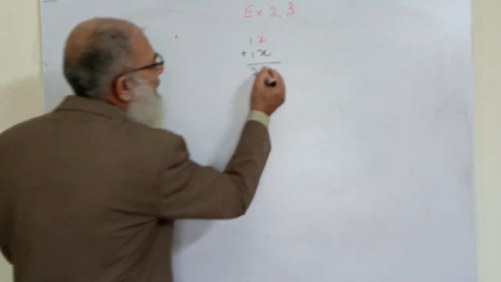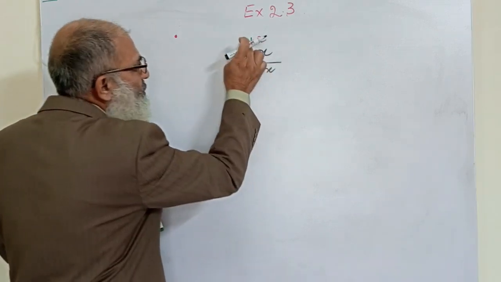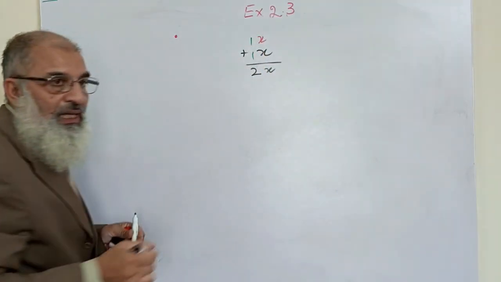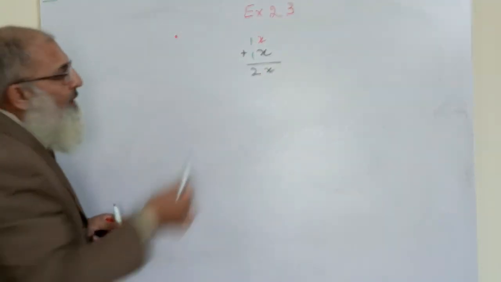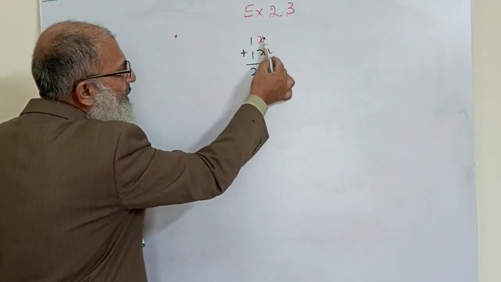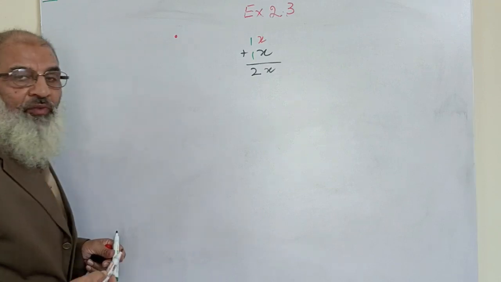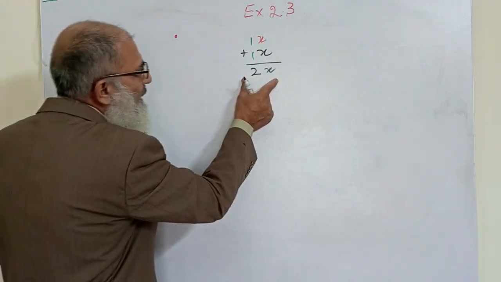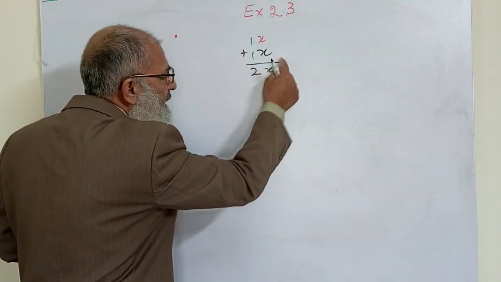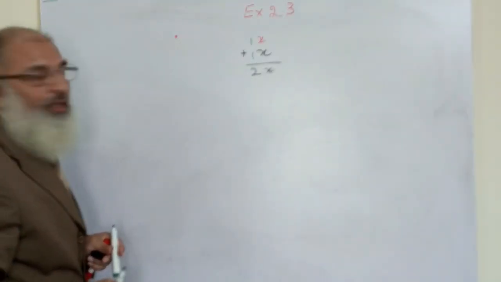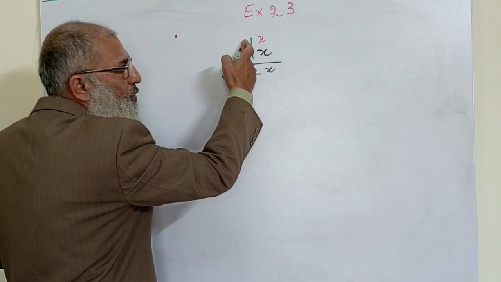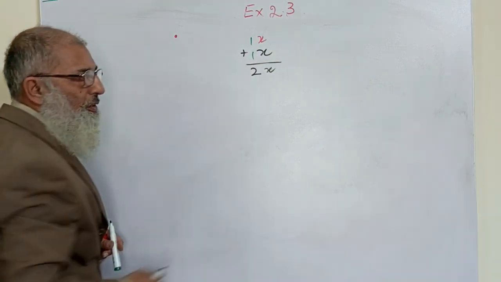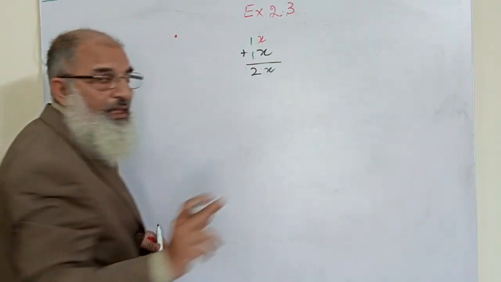These are just written as they are, because what is being added is the coefficient. Coefficients are added, the variables are not added, but it is supposed that the variables are being added over here, because this variable has a coefficient of 1, this has a coefficient of 1, and same degree.